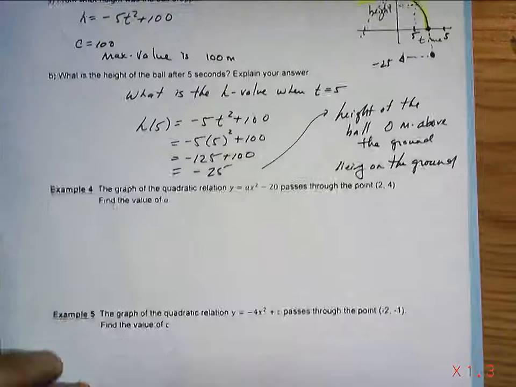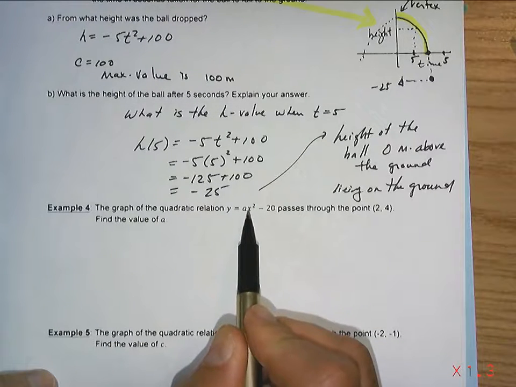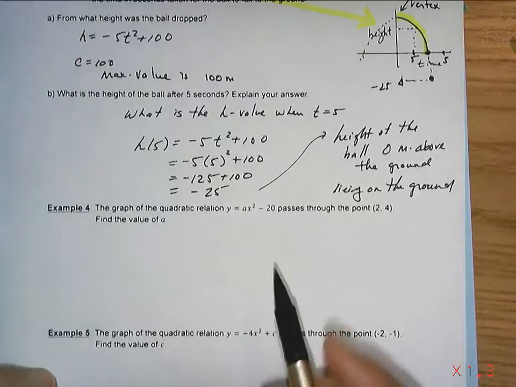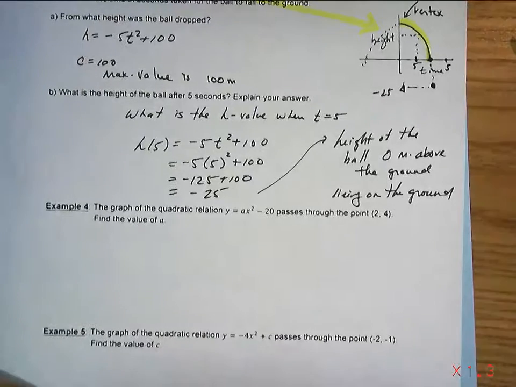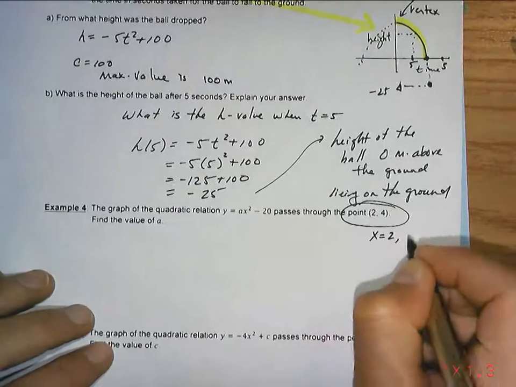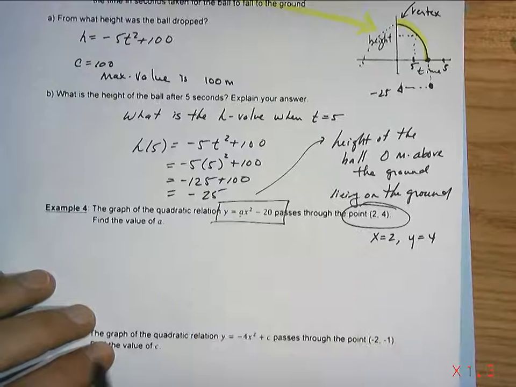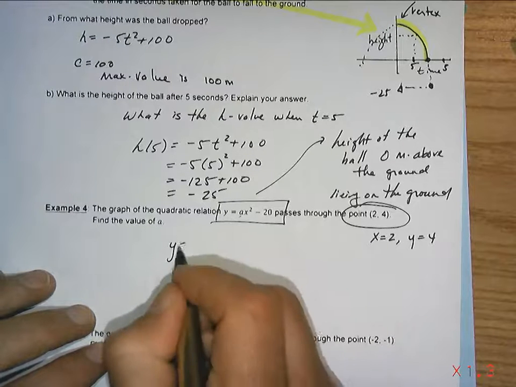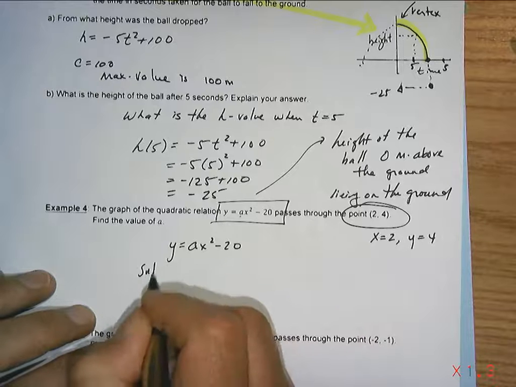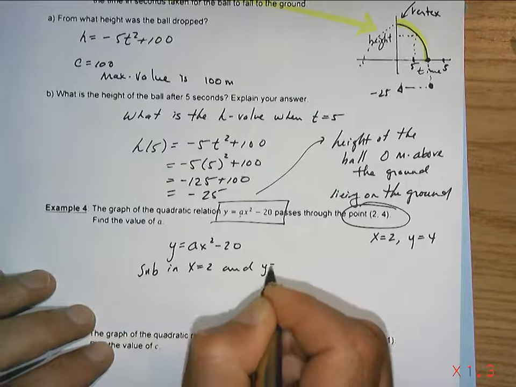Example 4. The graph of the quadratic relation y equals ax squared minus 20 passes through a point. Find the value of a. Well, this is a neat question. We've done questions like it before. We know that this point, when x equals 2, y equals 4, has to lie on this equation. So what we do is we take y equals ax squared minus 20, and we sub in x equals 2 and y equals 4.